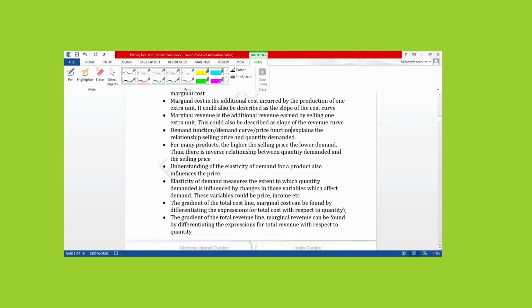Your marginal revenue can be found by differentiating the expression of the total revenue function.